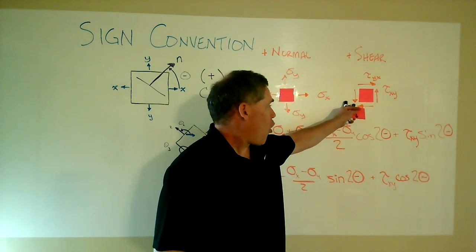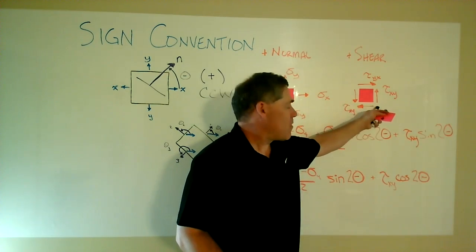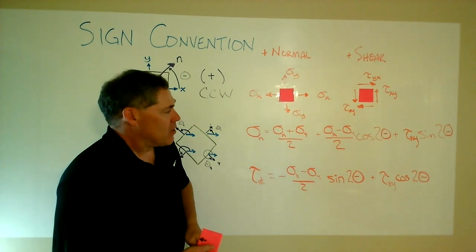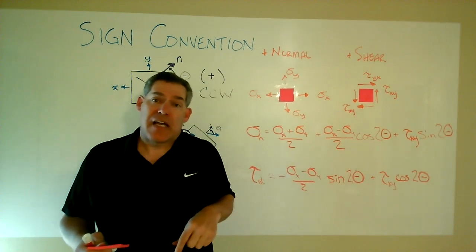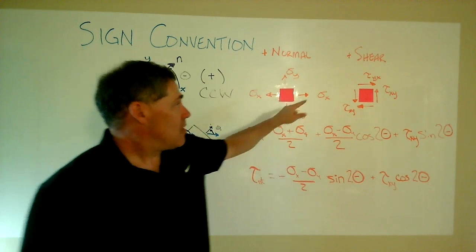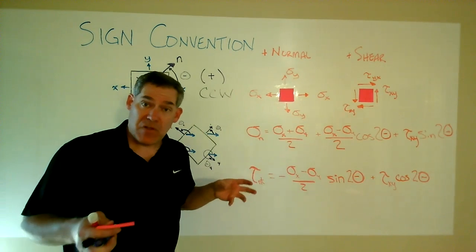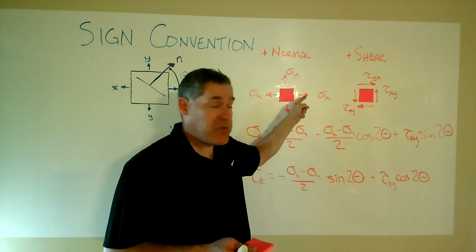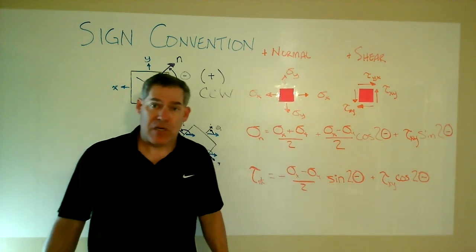These shear stresses always have to point to each other on the corner, or they have to go away from each other on the other corner. Kitty corner, catty corner, whichever phrase you like there. Those shear stresses always have to pinch that diagonal in one of the two directions. These are the two sets of now positive stresses, both normal and shear, on the x outward plane and the y outward plane in their two opposite opposing planes.